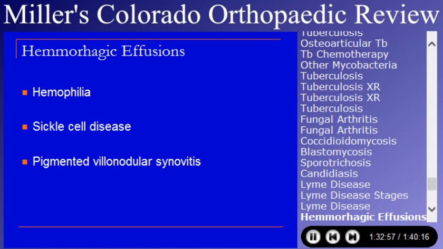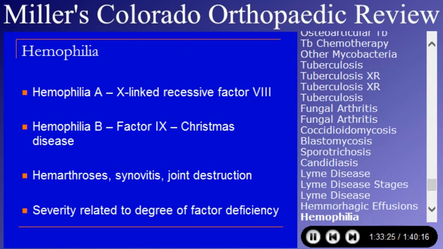If you do sports medicine and joint replacements, and develop a friendship with a pediatric hematologist, you may see a lot more hemophilia than you want to see. If you don't do that, you will hardly see it. Generally, the patients know they have it before they present with an effusion. Sickle cell disease and pigmented villonodular synovitis we'll also look at.